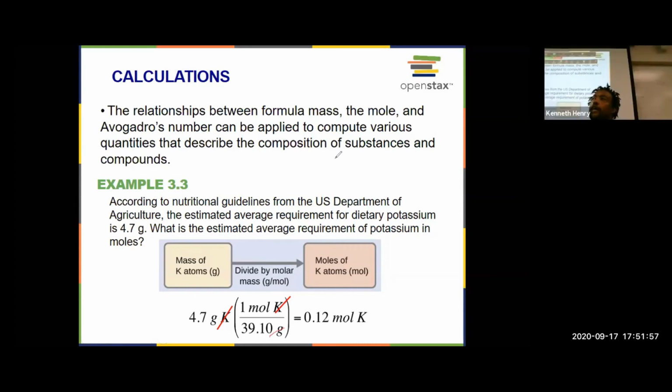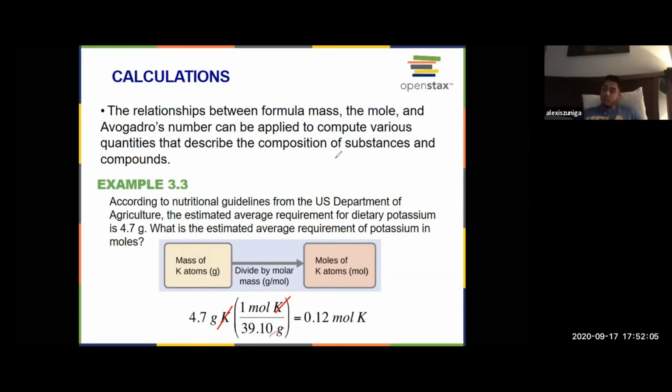So let me give you guys one. Let's say we calculated the molar mass of sucrose earlier. Do you guys remember what it was? 342.